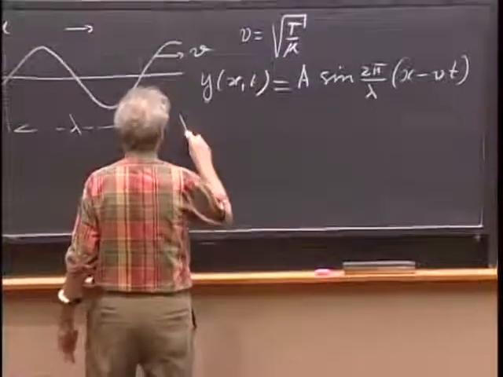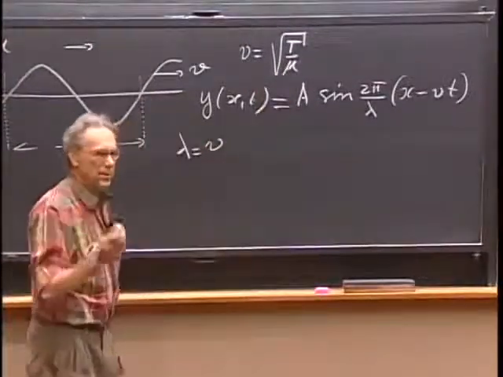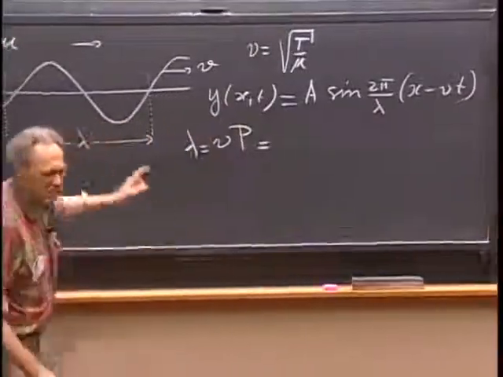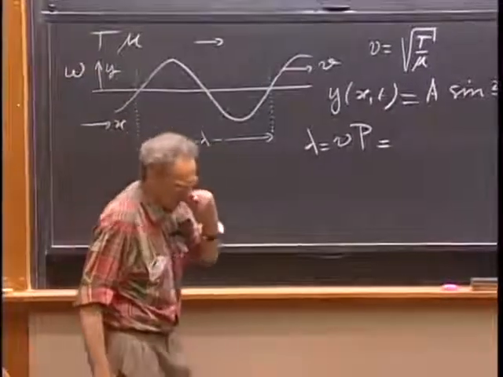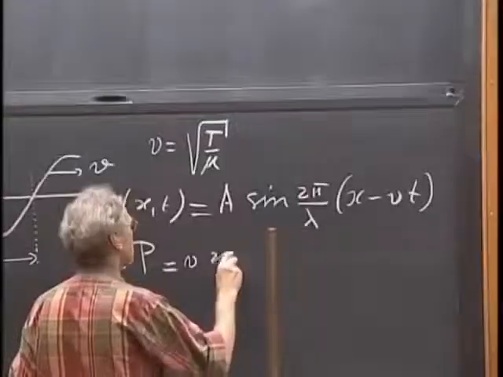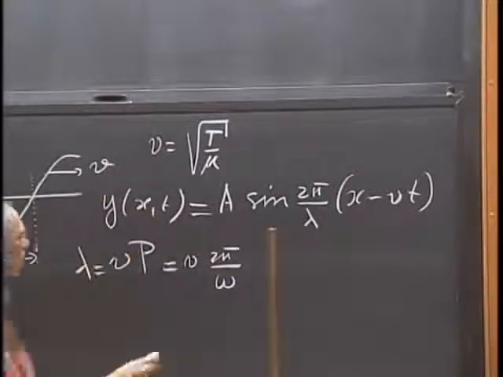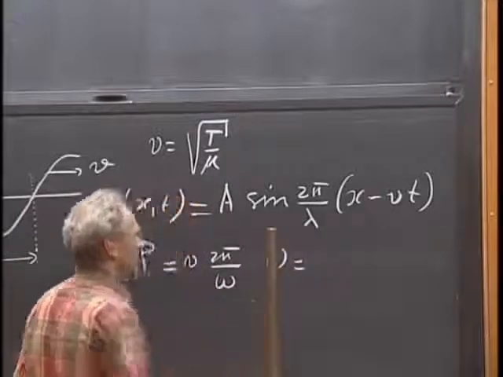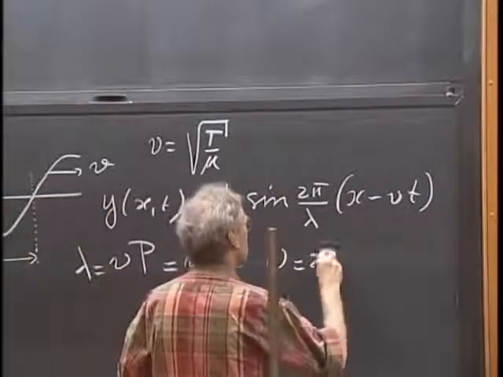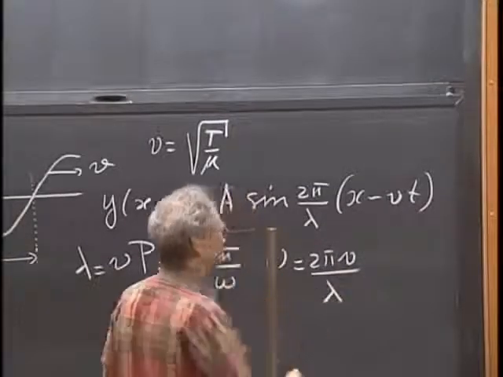Now lambda is v times the period of one oscillation, for which I will write a P today, not a T, because I don't want to confuse you. And that P is obviously 2 pi divided by omega. This is my omega, with which I am shaking. And so omega, which is then my frequency, is 2 pi times v divided by lambda.